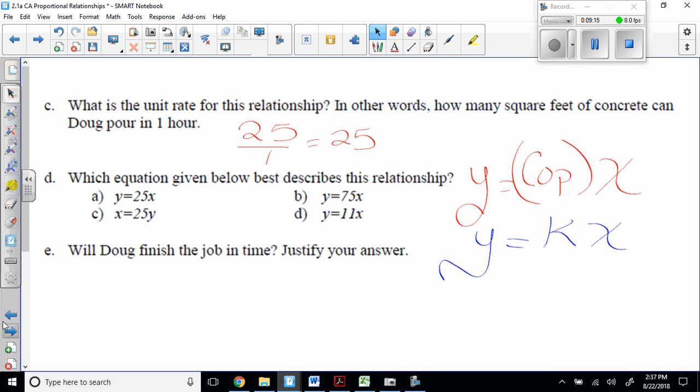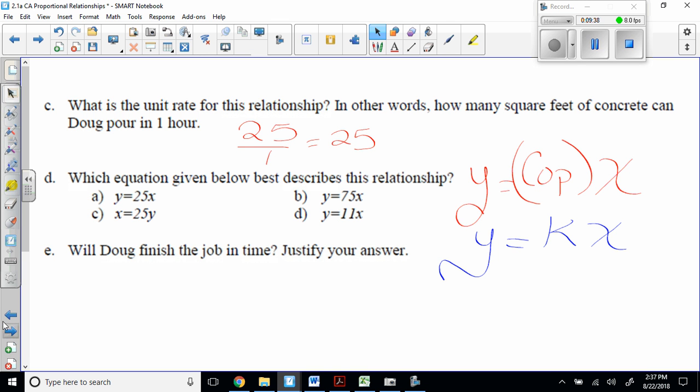What's the COP? What's the COP? Huh? 1? What's the COP? Look at the 25. Right? So all you have to do is take the COP and put it in front of x, right?